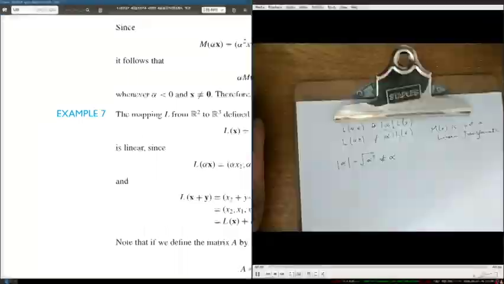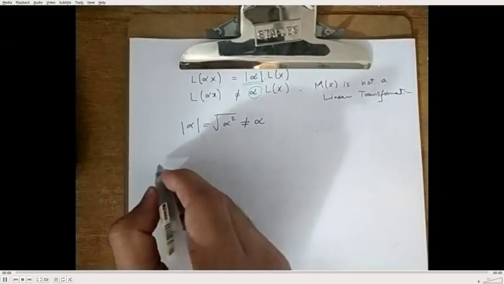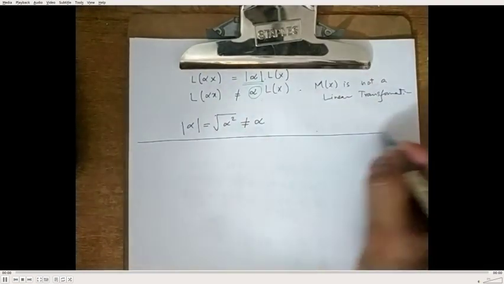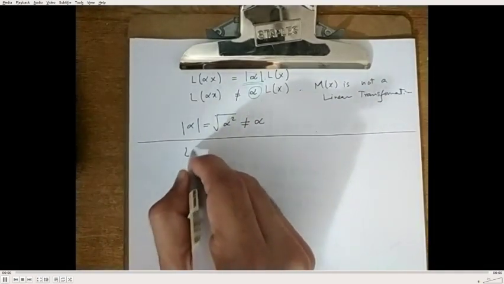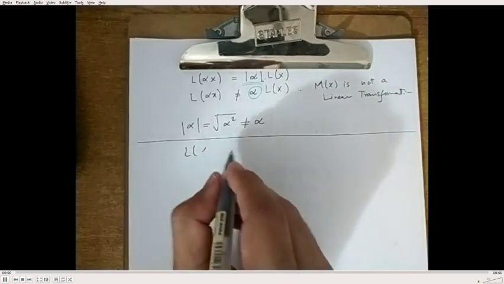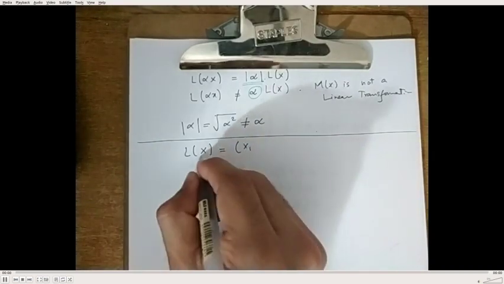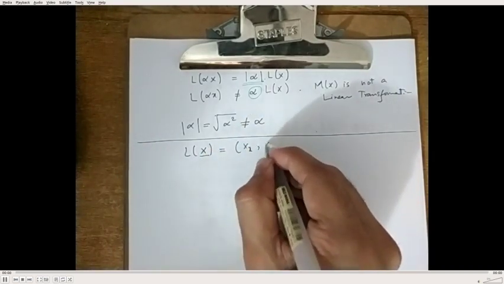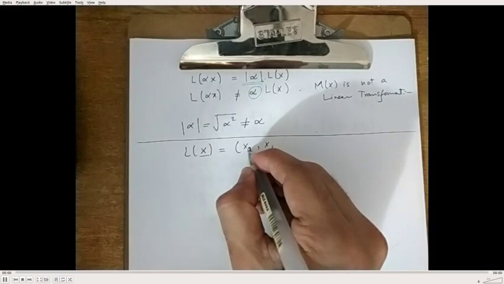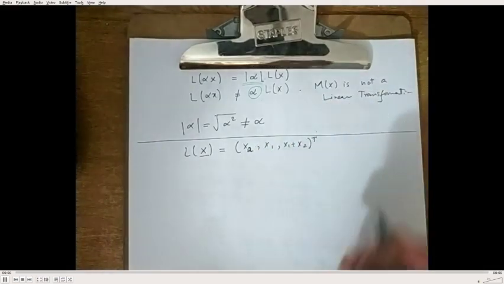As an example of this transformation, we have the transformation L of x is simply (x2, x1, x1 plus x2) transpose.